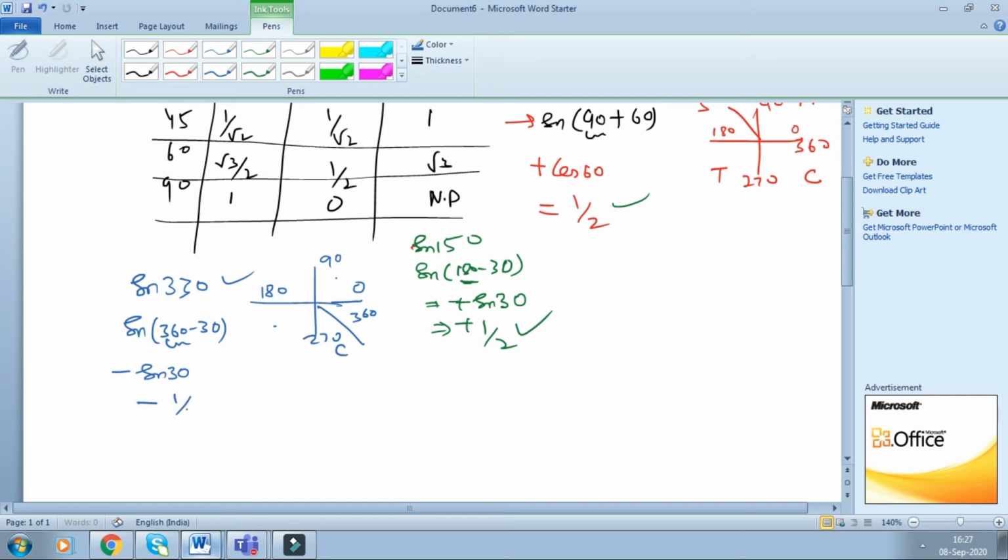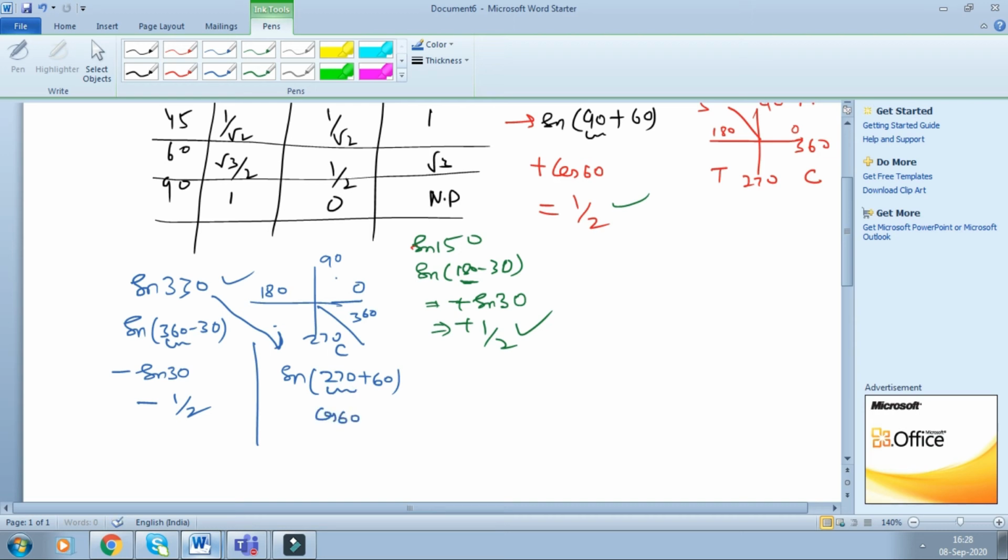Sine 30 is half. Another way of doing the same question is to write sine 270 plus 60. 270 plus 60 is also 360, sine 330. If I take it broadly, in 270 there is a change, so we will have cos 60.